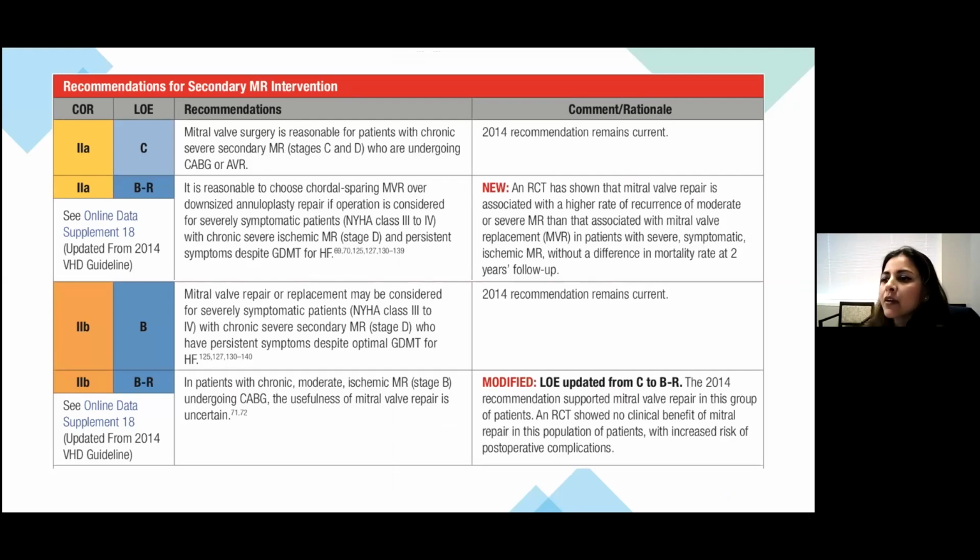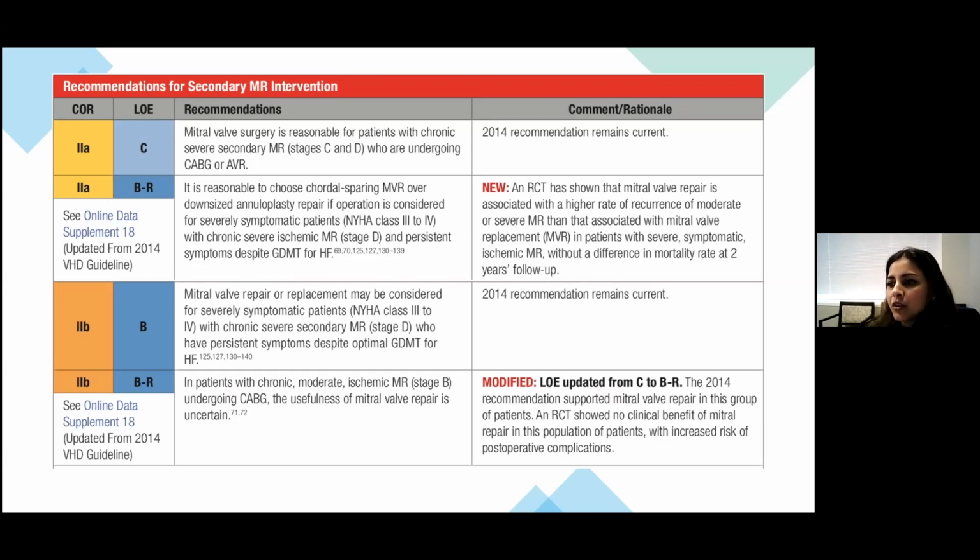The guideline recommendation that has changed is right under it. It is reasonable to choose a chordal-sparing mitral valve replacement over annuloplasty repair if operation is considered for severely symptomatic patients in functional class 3 or 4 with chronic severe ischemic MR and persistent symptoms despite guideline-directed medical therapy.